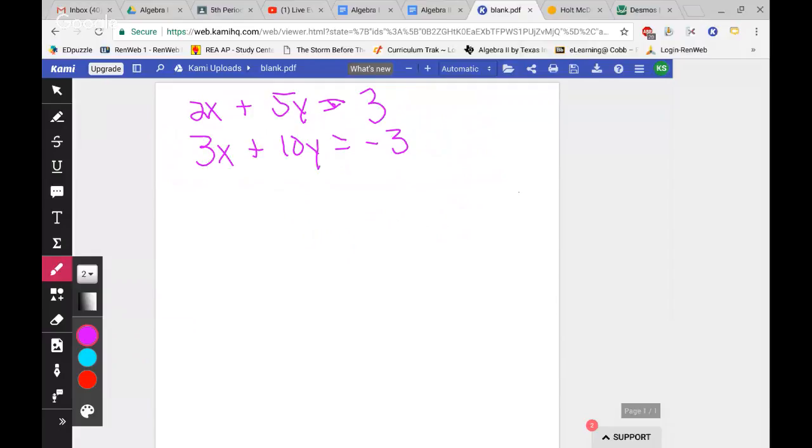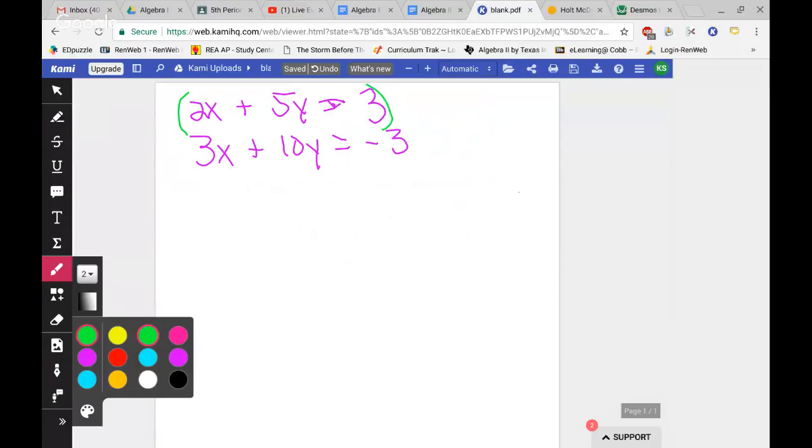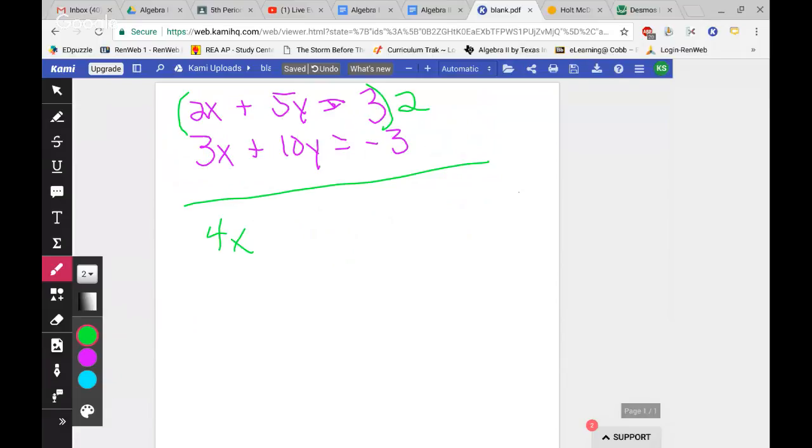So I'm picking this top one. I like to write it in a different color so you can see the difference. I'm going to multiply that top one by 2, just like you said. 2 times 2x is 4x. 2 times 5y is 10y.